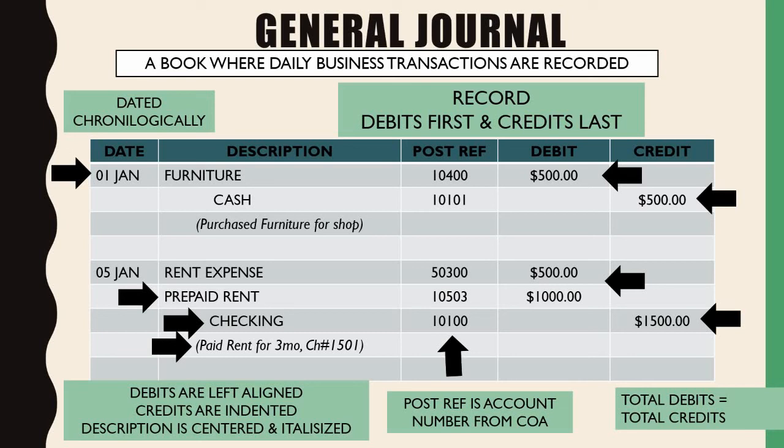Nope. Okay. Now, there's also a few little things here too. So I missed this little section here where when you do put your debits first and your credits last, the way that you write them or the way that you organize them on the paper is that normally your debits are going to be left aligned and your credits are going to be indented. Okay, this is just so then it's easy to recognize.